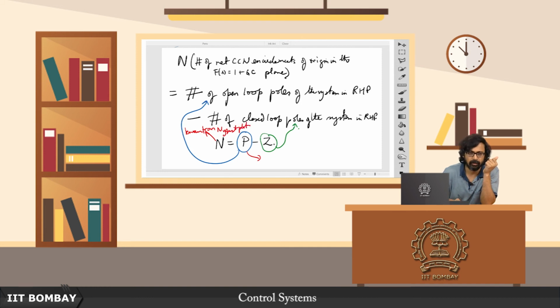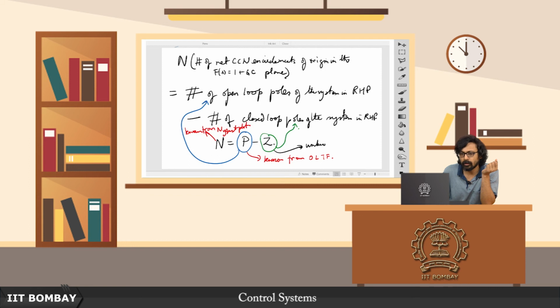We call this sketch of 1 plus GC the Nyquist plot, and this is known from the open loop transfer function itself. So the only unknown is this green.